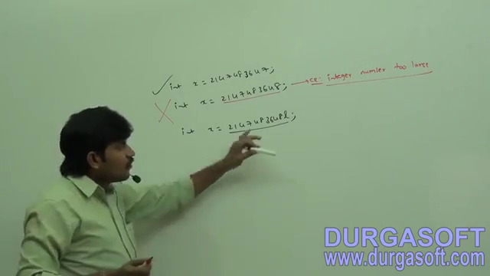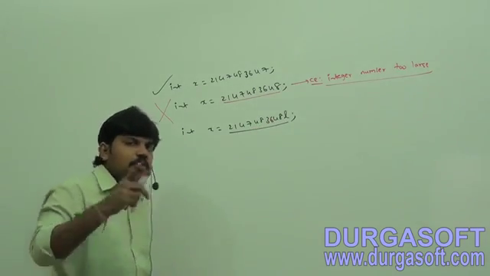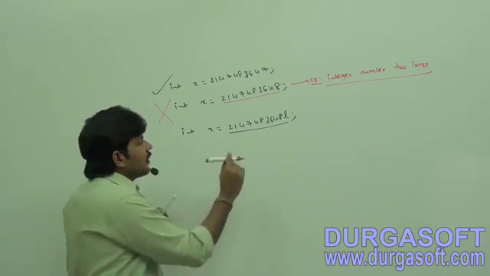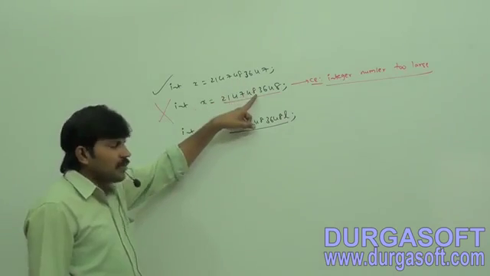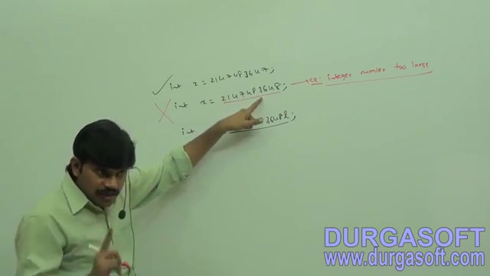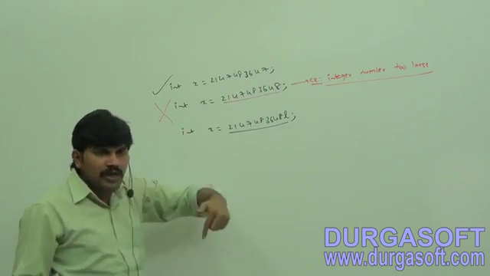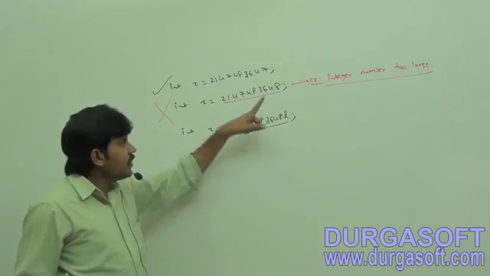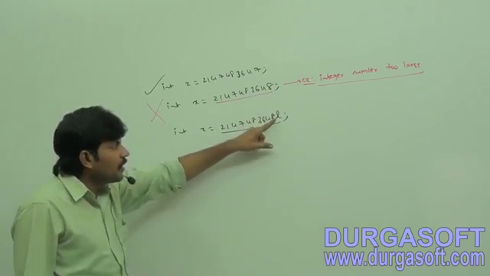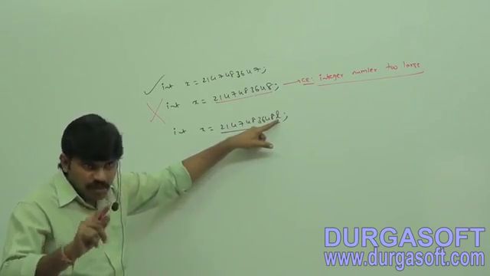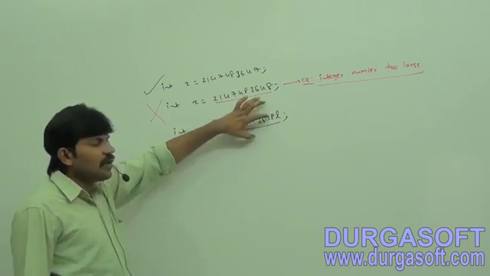Observe, if I provide L, in this particular case only, it is treated as long type. By default, every integral number is treated as int only. The value should be in the range of int. If it is not in the range of int, integer number too large. So if I suffix it with the L, small l or capital L, now it is long.